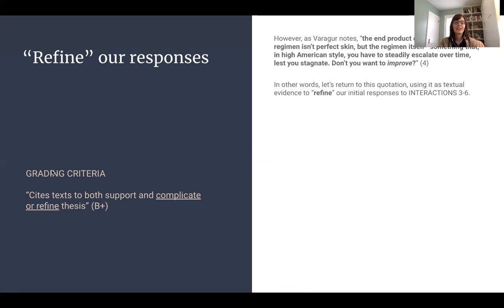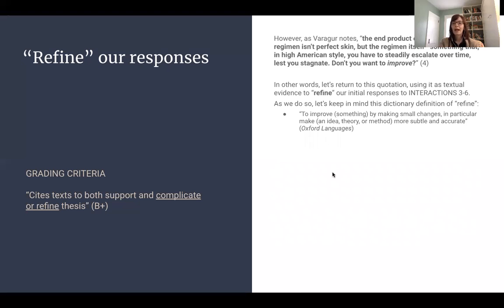So here in the work with assigned text category: cites text to both support and complicate or refine thesis. So far we've been focusing on bringing in textual evidence, quotations, for example, to support our arguments. And now we want to start thinking about strategies that will help us complicate those arguments or refine them. Here we're focusing mainly on refine, and we'll talk about complication in a later workshop.